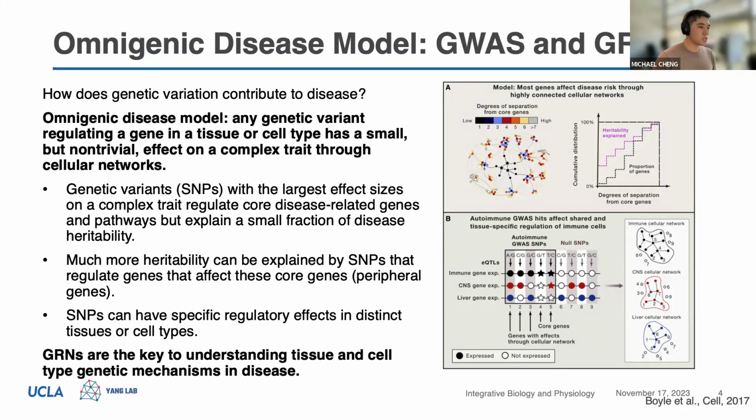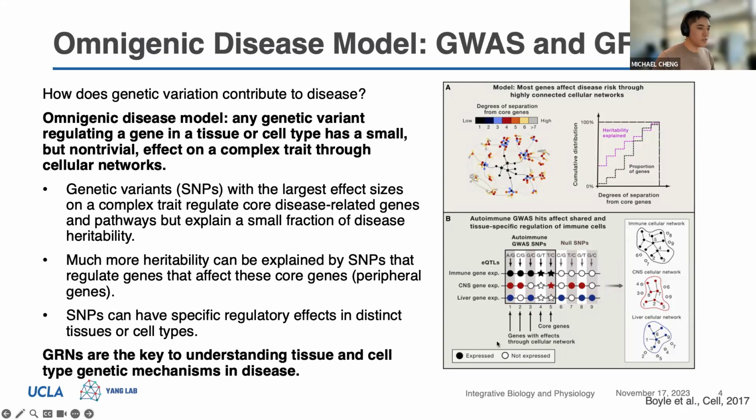And these would be SNPs that don't pass your genome-wide significance threshold, or just very common variants that are involved in pathways or processes that may not be directly related to the disease. And furthermore, these SNPs can have regulatory effects that are specific and distinct to tissues and cell types.